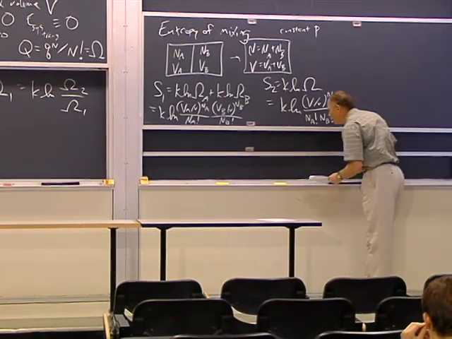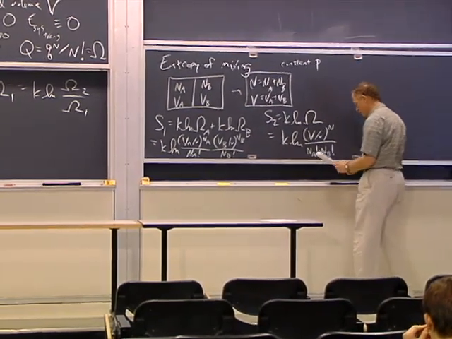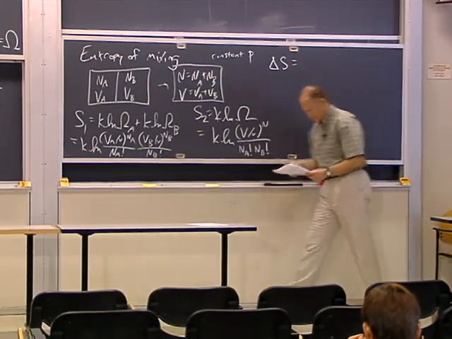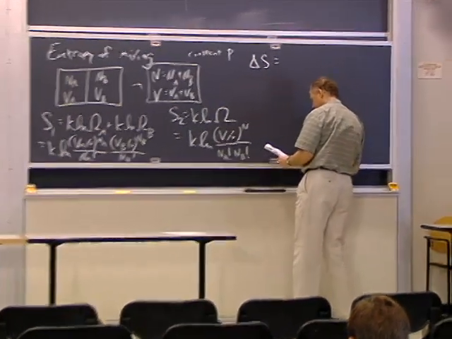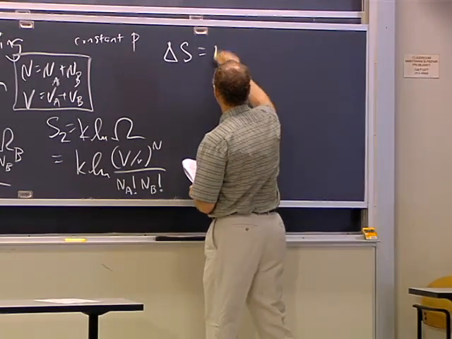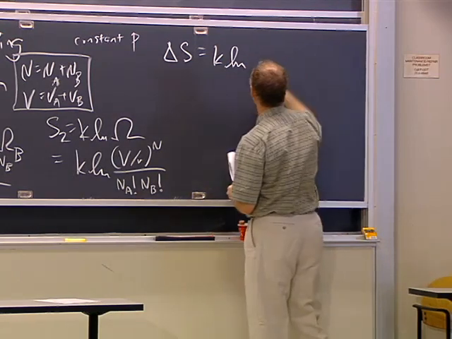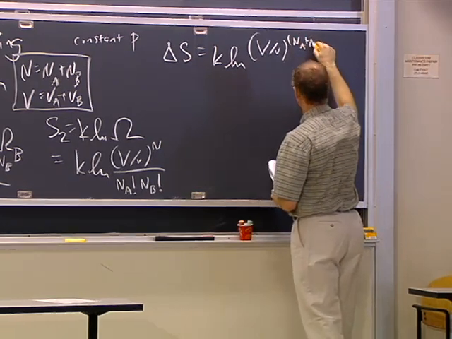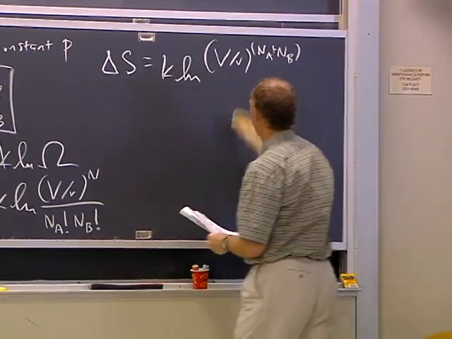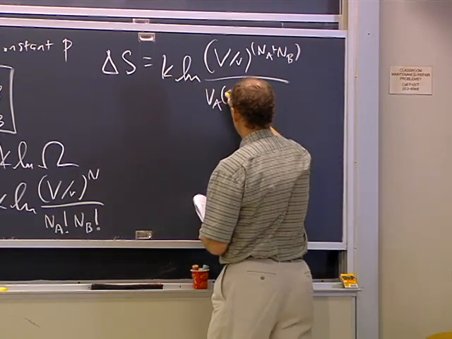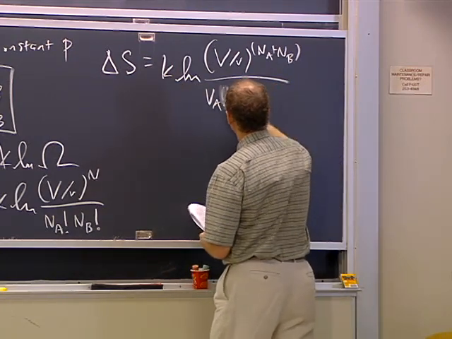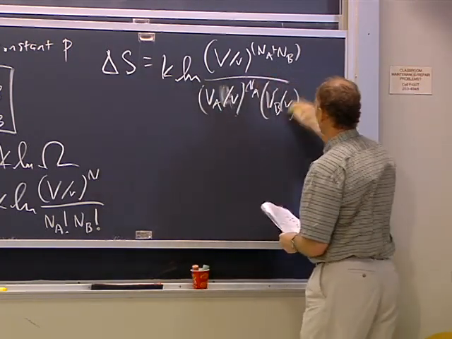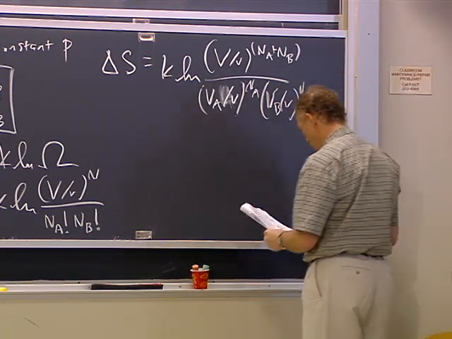Okay, so now delta S is then just this minus this, right? So it's k log of V over little v to the NA plus NB, over VA over little v to the NA power, VB over little v to the NB power.